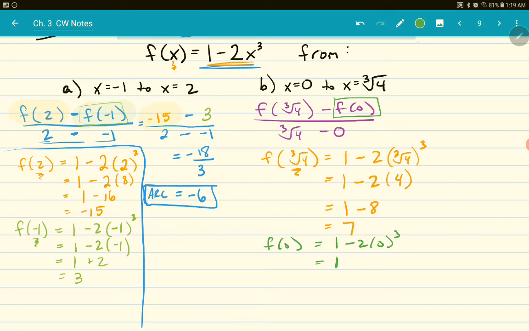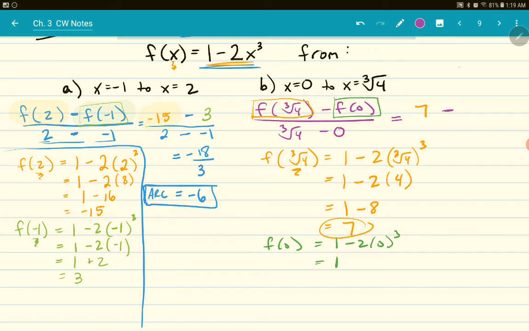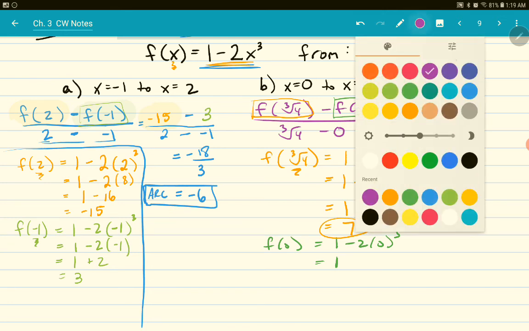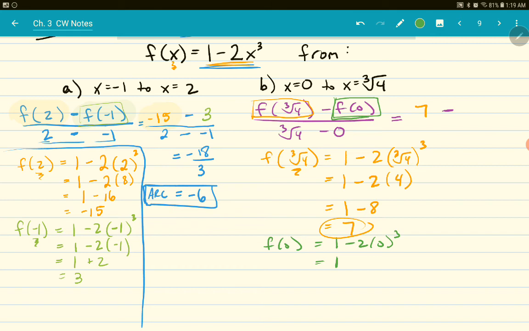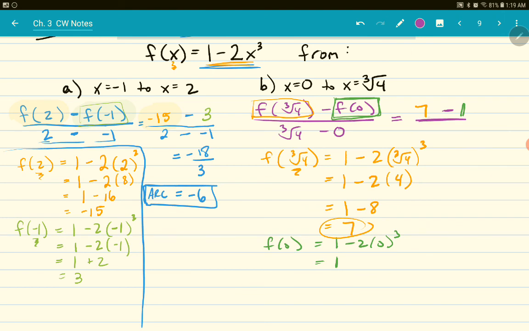So to evaluate this, I get this piece right here is the 7 minus f of 0, this piece right here, which was 1, all over cubed root of 4 minus 0 is just the cubed root of 4.